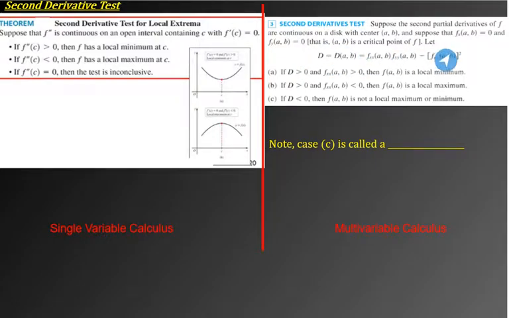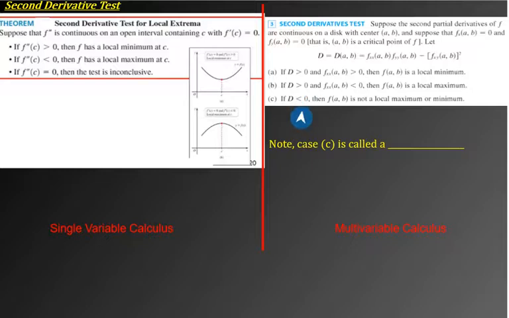But if this thing, this subtraction of this weird product here, is greater than 0, and the second partial with respect to x is also greater than 0, then it's a local min. All right, and if that thing is greater than 0 and the second partial with respect to x is less than 0, then it's a max.